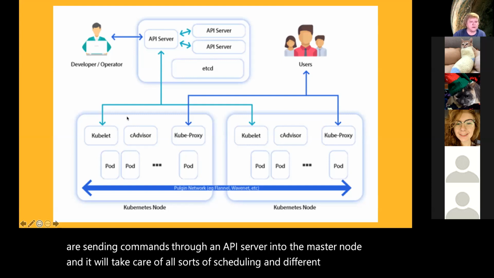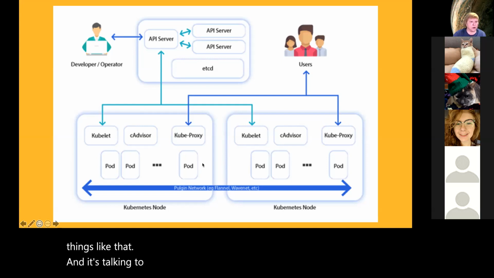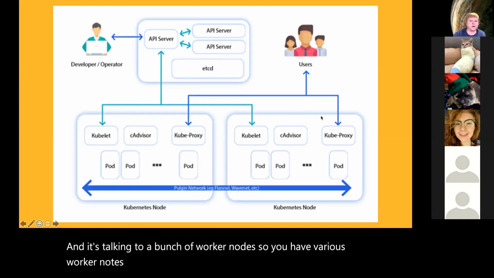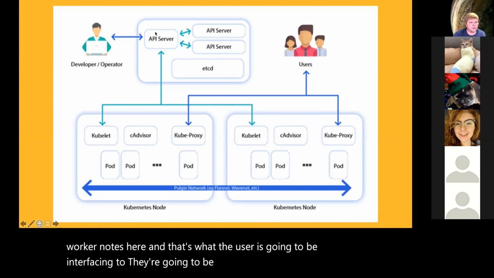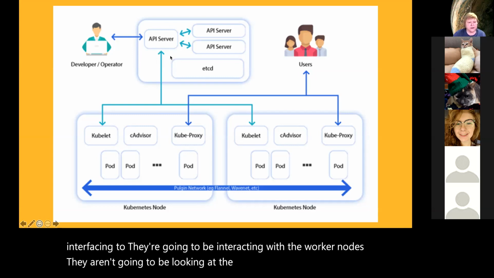And it's talking to a bunch of worker nodes. So you have various worker nodes here, and that's what the user is going to be interfacing to. They're going to be interacting with the worker nodes. They aren't going to be looking at the master node at all. And so the worker nodes themselves will be talking to the master node, and the operator can see what's going on and look at status and monitoring and things like that.